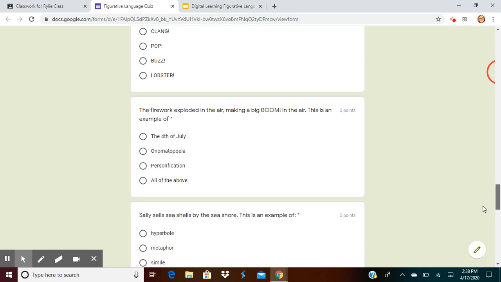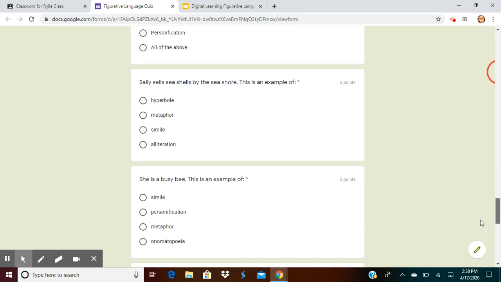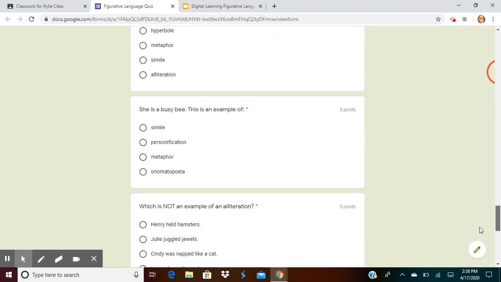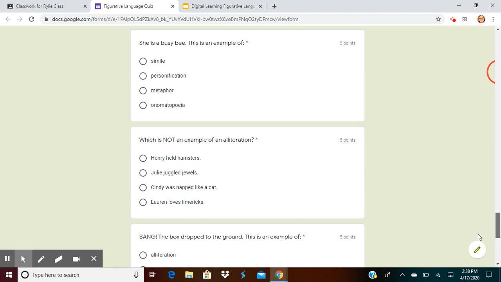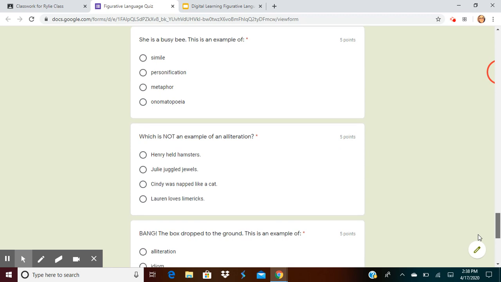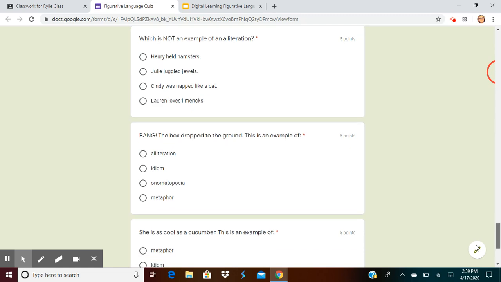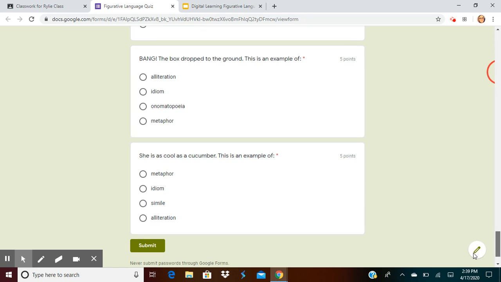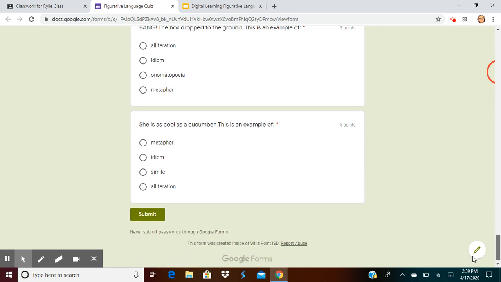This is an example of, Sally sells seashells by the seashore. This is an example of, she is a busy bee. This is an example of, which is not an example of alliteration. Bang, the box dropped to the ground. This is an example of, she is as cold as a cucumber. This is an example of.